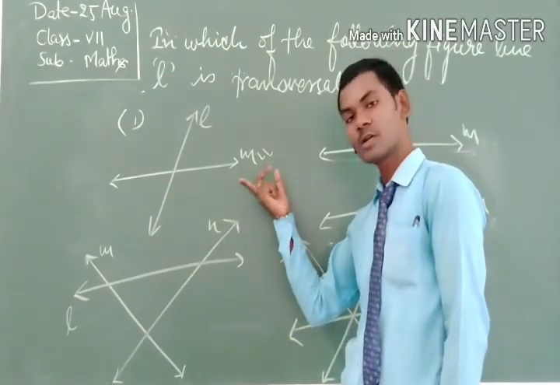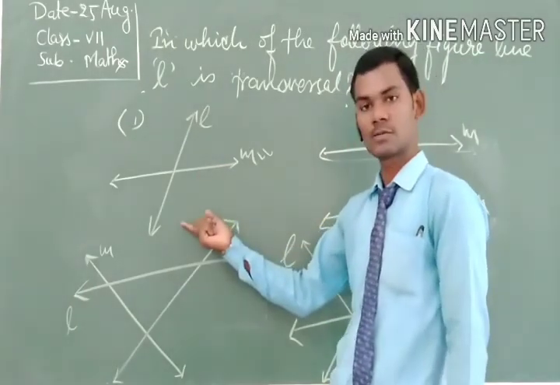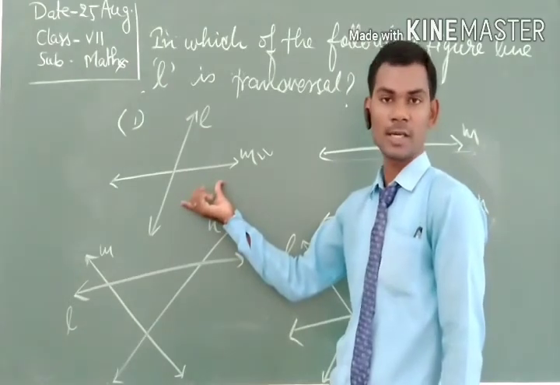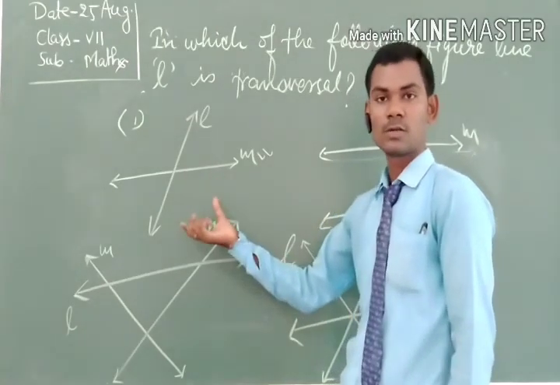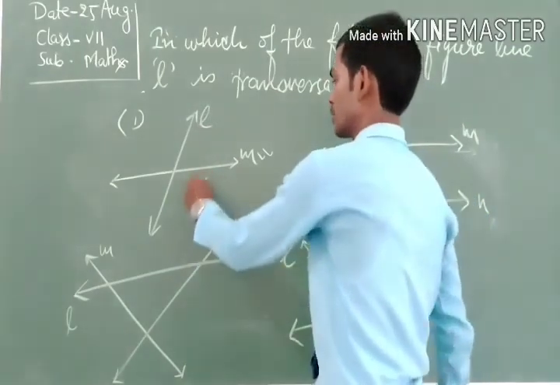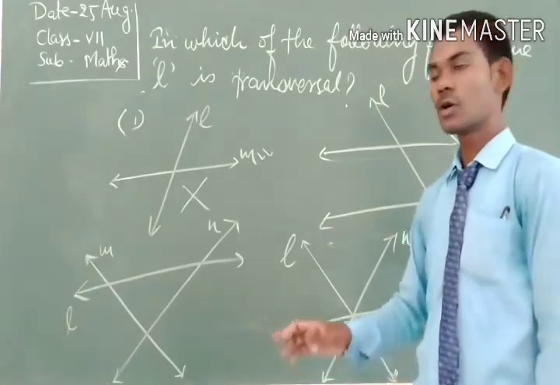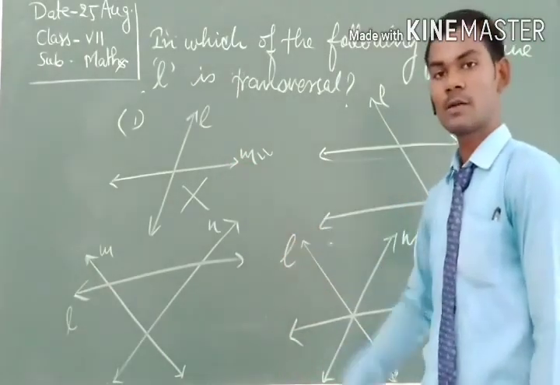But in the first figure, there is only one line given and a line which intersects it. They are only intersecting lines, not a transversal. So the line L is not a transversal. The definition does not hold for figure 1.